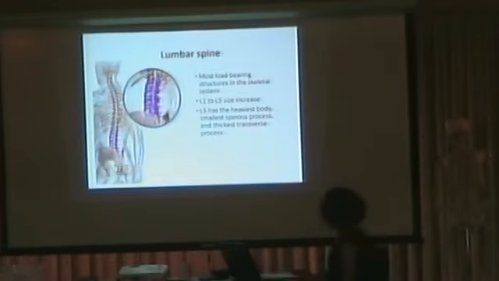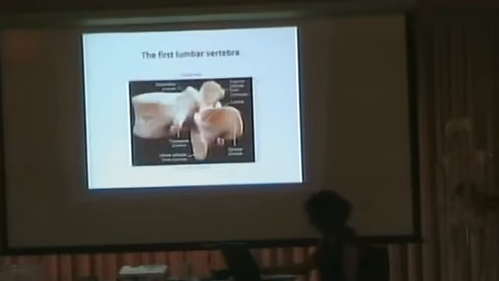The lumbar spine. That is the lower third part of the spinal column. The lumbar vertebral body is taller and bulkier compared to the rest of the spine.